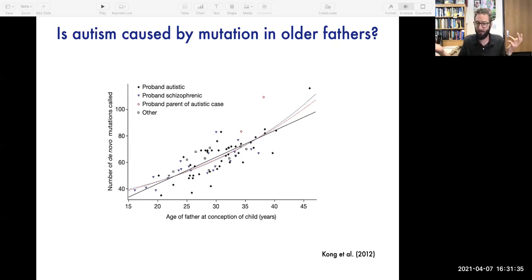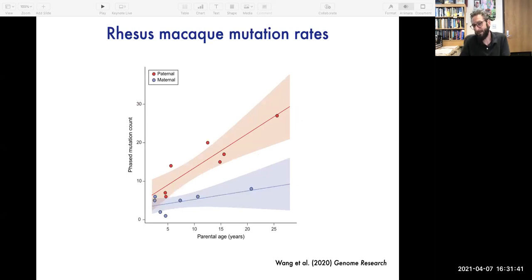So the question is, okay, well, do they also leave more mutations, as in humans? And here's the answer. Yes, older macaque fathers still leave more mutations, but they're not more likely to have autistic kids or autistic-like children.